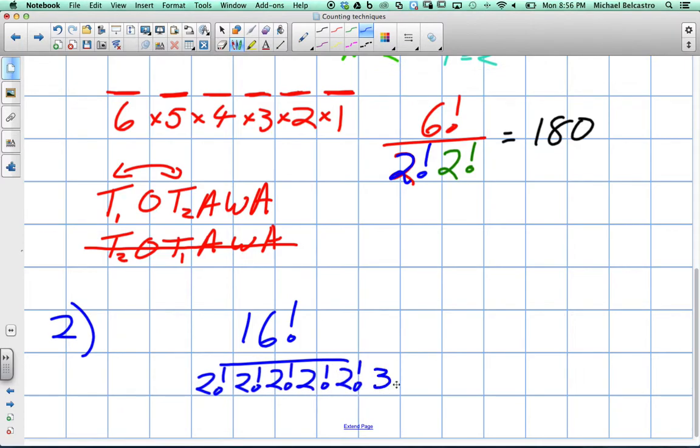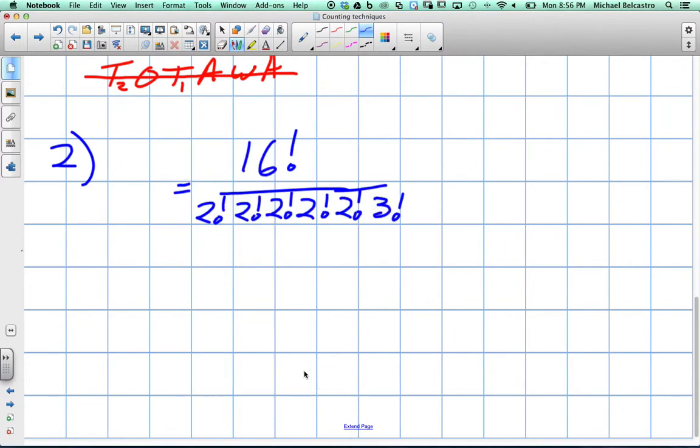On the bottom, this is essentially going to be 2, 4, 8, 16, 32, and then 32 times 6, which is 192. So it's 16 factorial divided by 192, I believe.